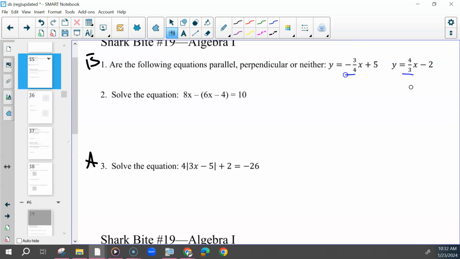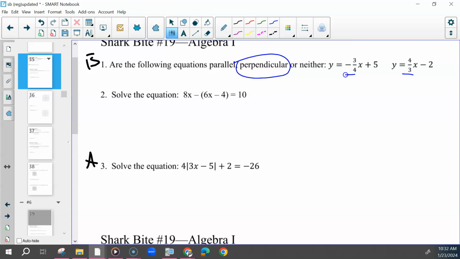Perpendicular, if they have the same numbers, but one is flipped and one is negative, negative reciprocals, those are perpendicular. Any other combination would be neither. So if they look the same, but one's negative, one's positive, or if they're both flipped, but they're both positive or both negative, or if they don't look the same at all.